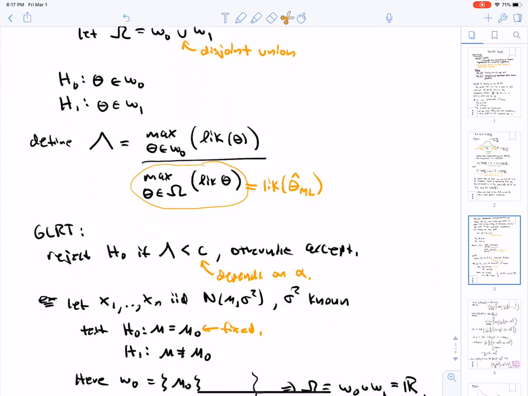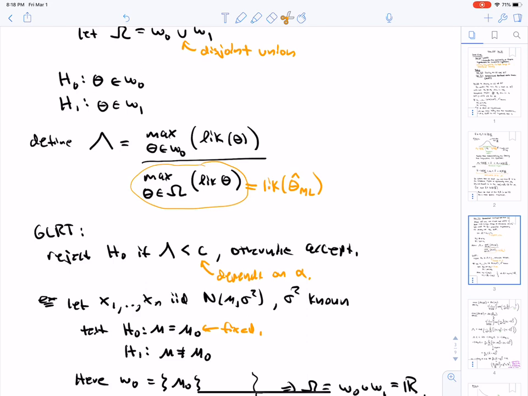And we're going to define lambda to be the max over all theta in omega 0 of the likelihoods, divided by the max over all theta in the entire omega of the likelihoods. So the denominator is precisely the likelihood of the MLE, because that theta that maximizes the likelihood is the definition of the MLE.